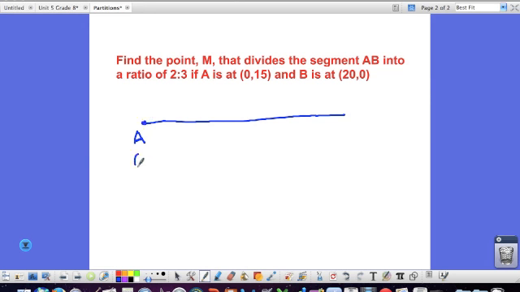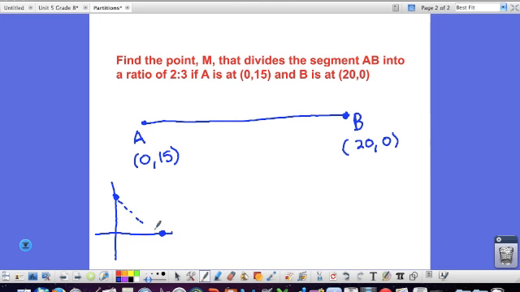A is at one end of the line segment at 0,15, and B, the other end, is at 20, 0. A is at 0,15, and the line segment is going down.